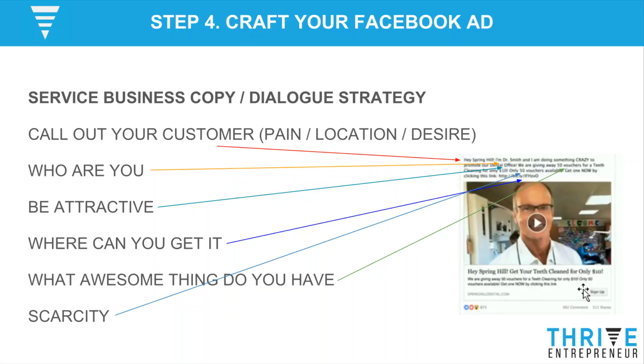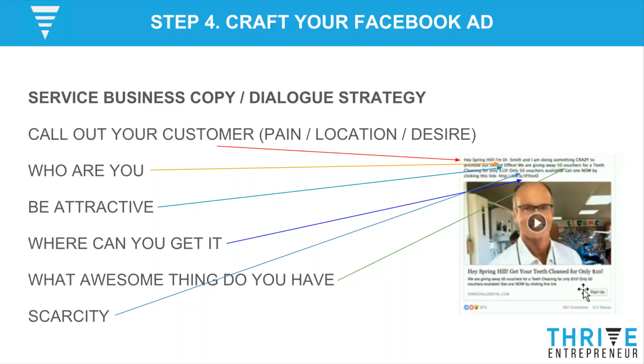Now, like I mentioned in our Facebook Ads Foundations course, when I cover rules of engagement, I talk about Facebook rules and their compliance rules for ads. You can call out pain and desire, but you really do have to be careful about how you do that.